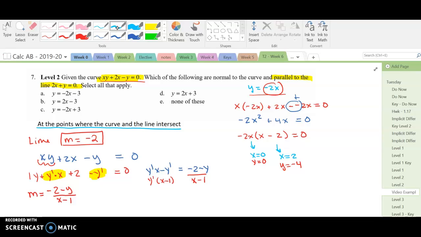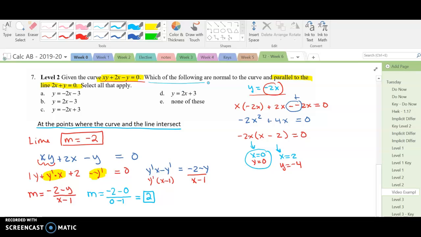And so now we're going to plug in the 2 points where they meet. 0, 0. When I plug this in, m equals negative 2 minus 0 over 0 minus 1. Well, that equals negative 2 over negative 1, which is 2. So that is the slope of the curve.